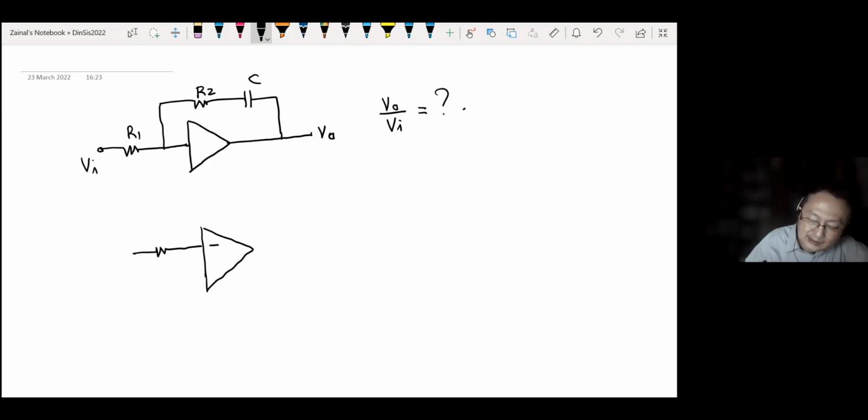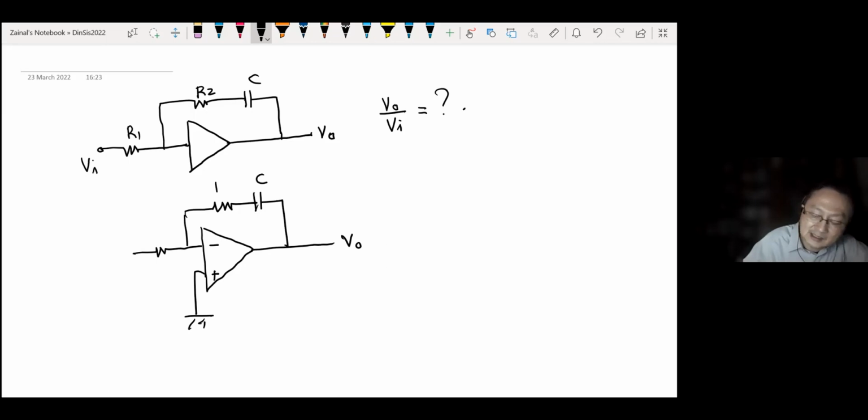This picture means that actually what it does is something like this. This one is connected to the ground. Here we have a capacitor, sorry. So this one is a capacitor, and this one is VO.